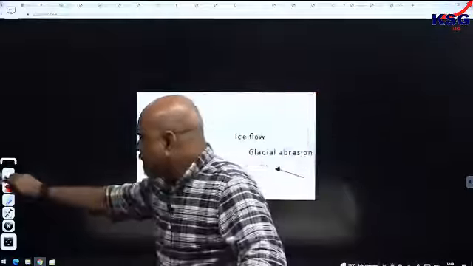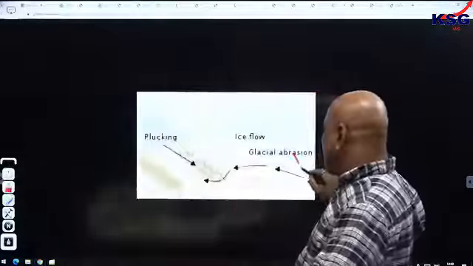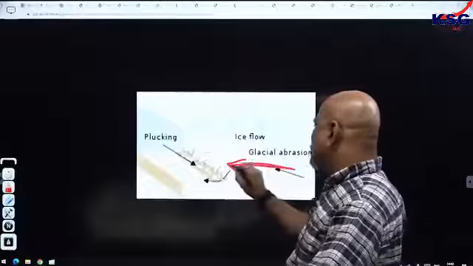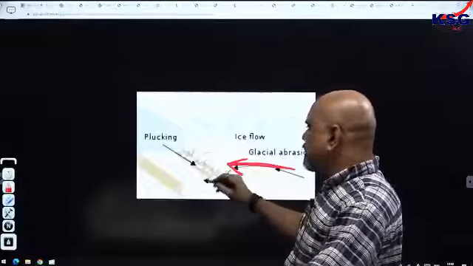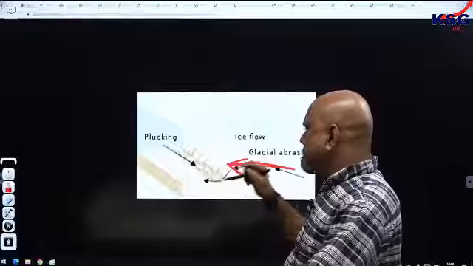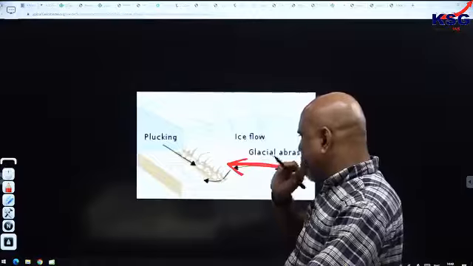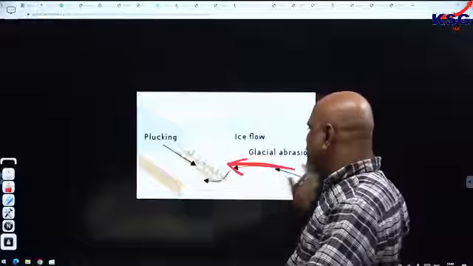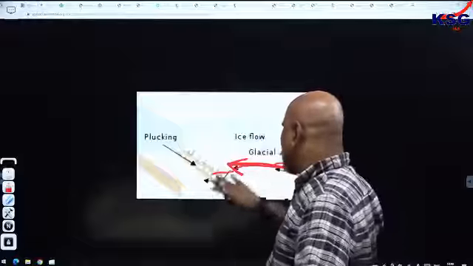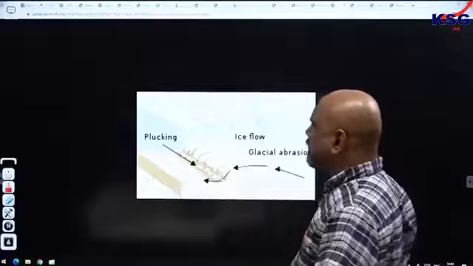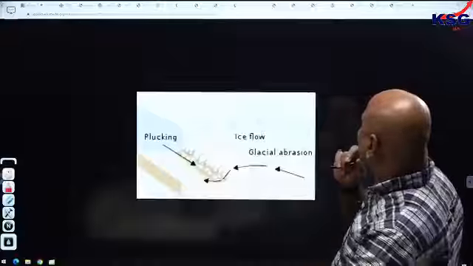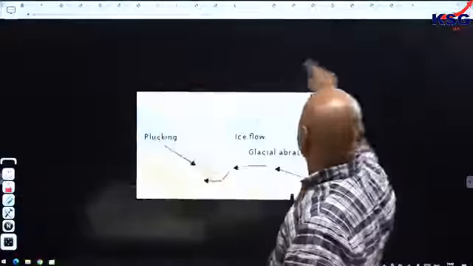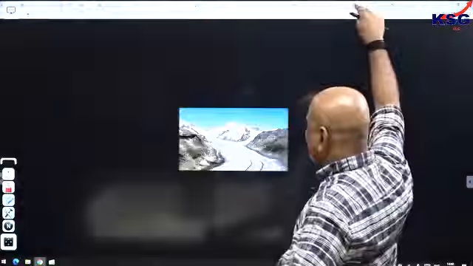See here, while the glacier is moving, abrasion is happening, it is dragging everything. But on this side, plucking is happening. What is plucking? It pulls and breaks the rock into pieces, right? Abrasion and plucking, two things are there. Plucking leads to steep sloping regions even.